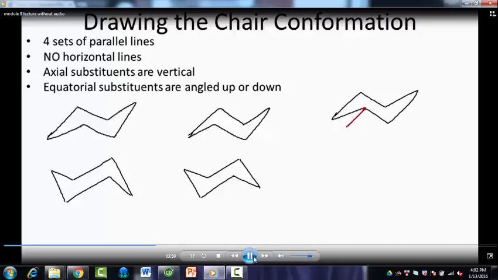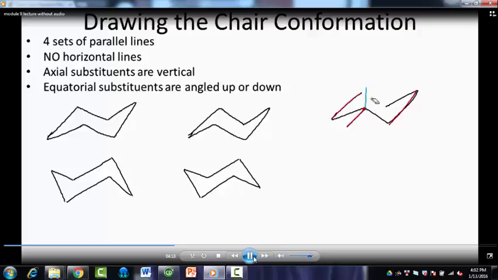That tells me on that carbon, the axial substituent goes up, and the equatorial substituent has to go down at an angle. And it's got to be parallel to the two lines that are not currently present there. So it has to be parallel to those other two lines I drew in red. The axial substituent would go straight up.